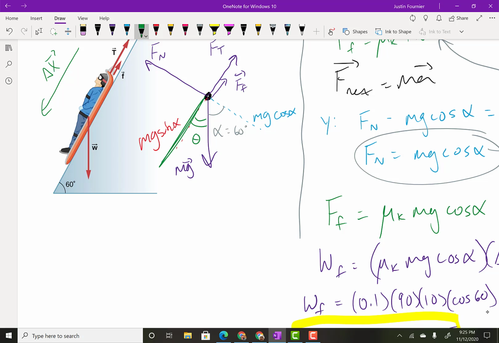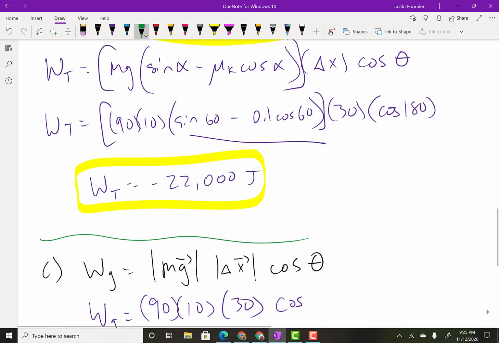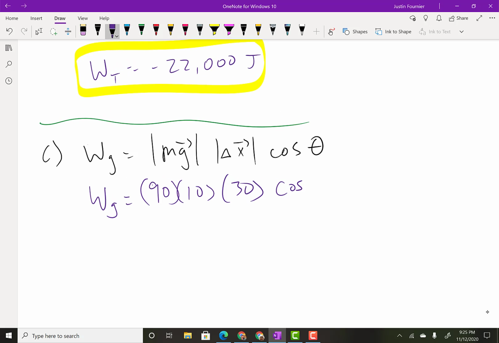Well, these have to be perpendicular to each other because they're component vectors. Component vectors are always perpendicular to each other. If alpha is 60 degrees, that means theta has to be 30 degrees. So theta in this case is 30 degrees.